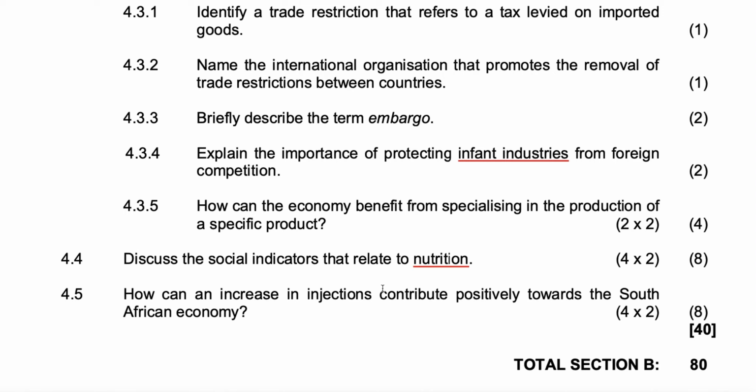Then how can an increase in injections contribute positively to the economy? Injections, think about them. What are they? We have government spending. Why would government spending contribute positively? Well, it stimulates economic activity, basically. So your discussions must go towards that. We also have exports.